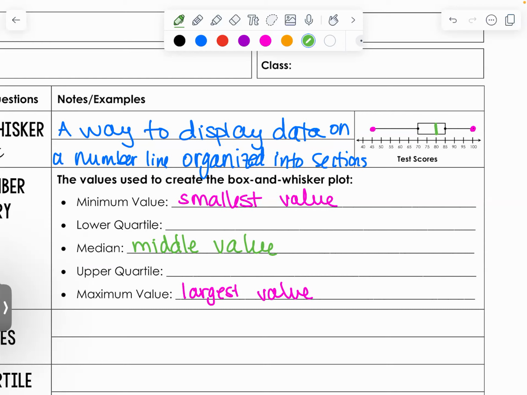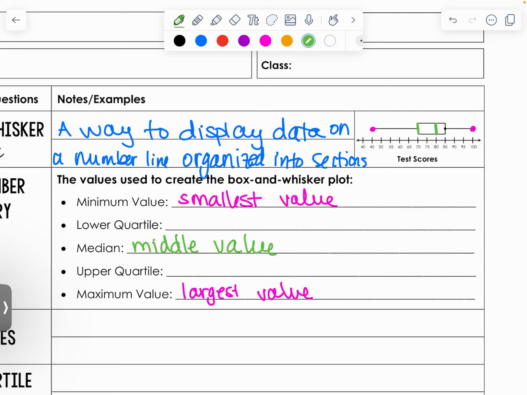It's exactly in between the median and the largest value, and the median and the lowest. So it's like the median of the median: the median from the minimum value to the median, and the median from the median to the highest.